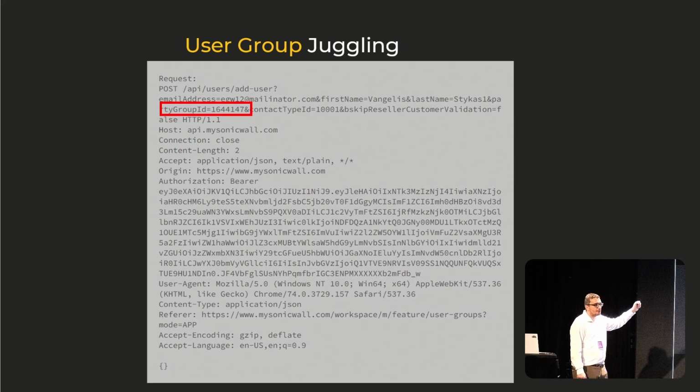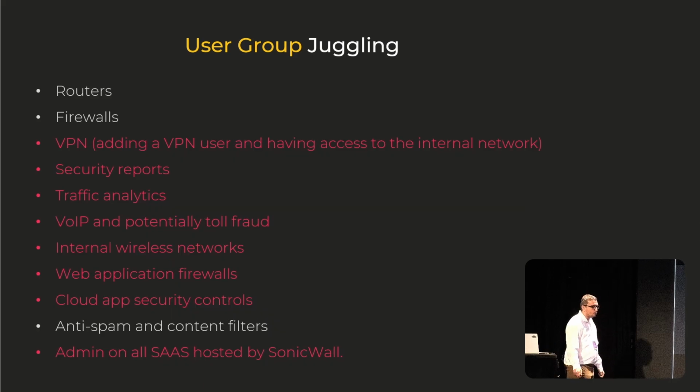So if I went to party group ID 1, which was SonicWall, and added it as an admin, I could have done all those things. SonicWall accepted that. I didn't do that. I'm not a criminal. So I could have had access to routers, firewalls, VPNs, security reports, traffic analytics, all those things. And it was really, really bad.